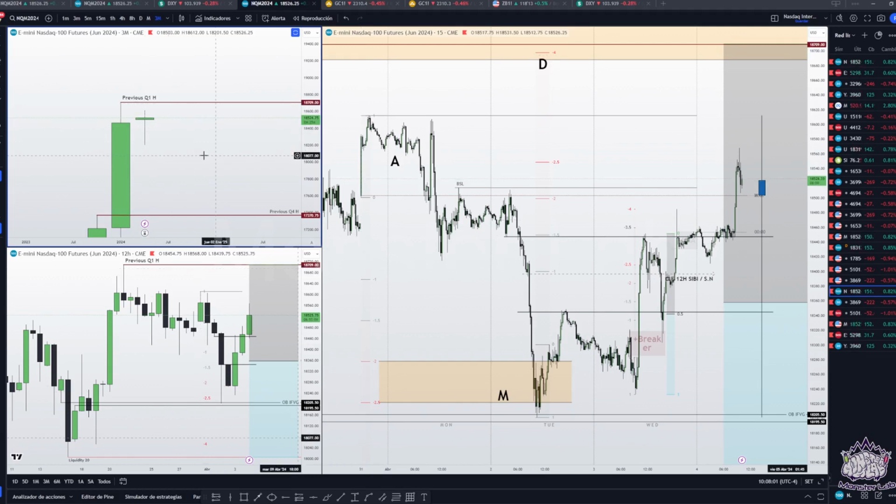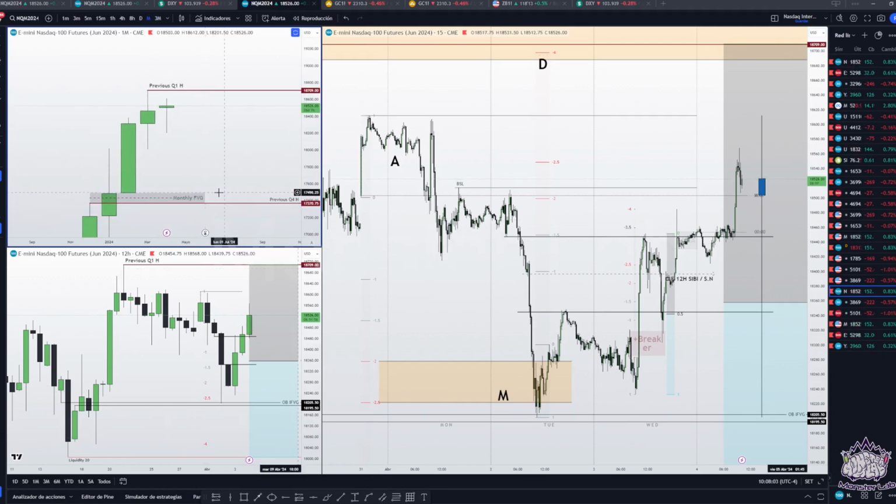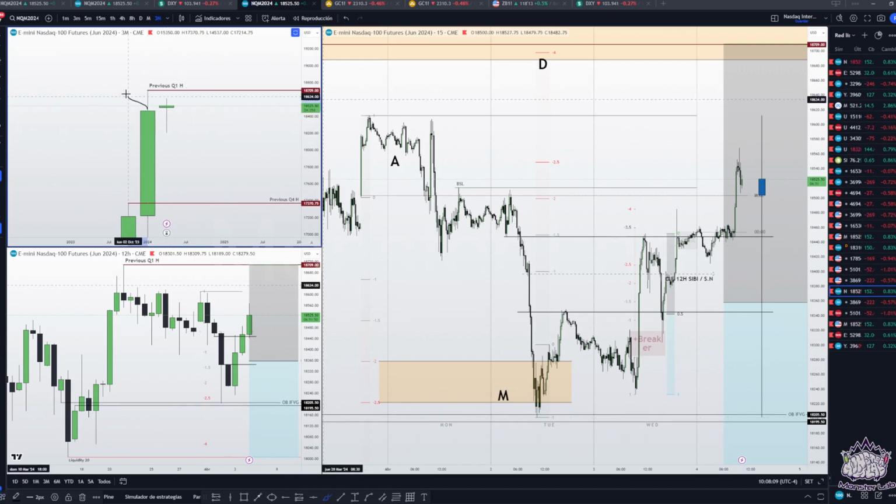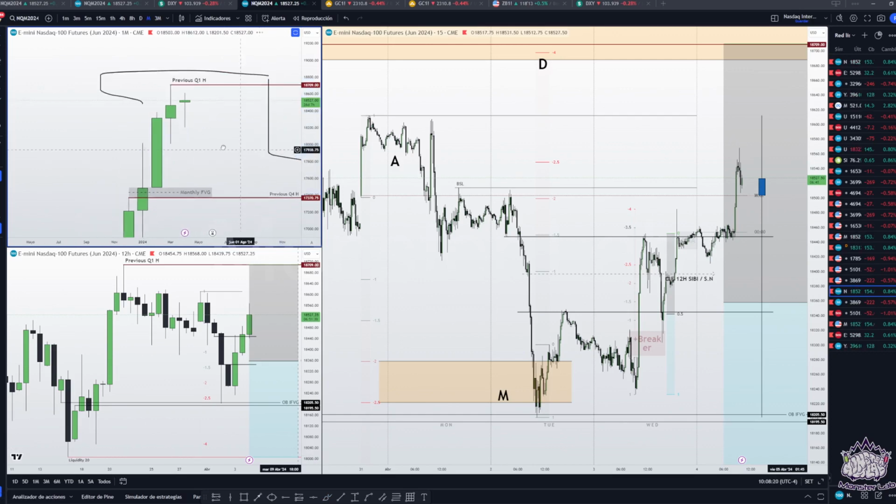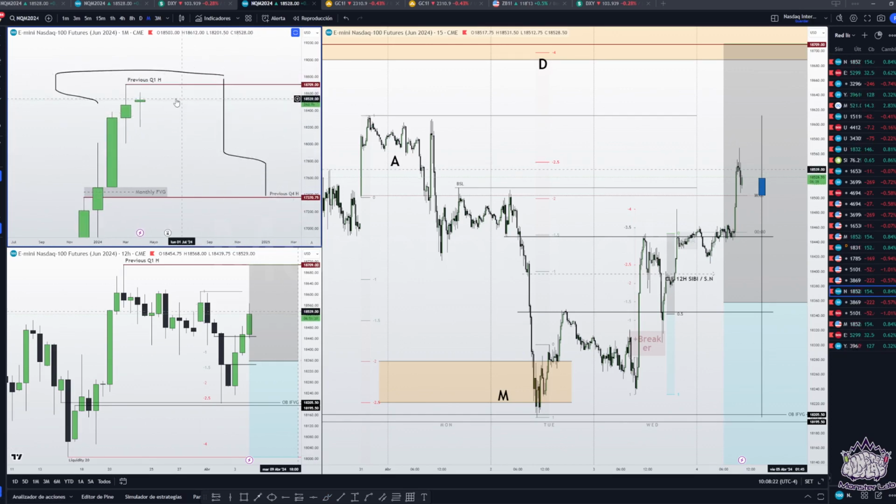So if price is looking for this monthly fair value gap, the first draw is the previous high. So taking external liquidity here, and in this moment it's the time for looking at the monthly fair value gap, but first it's important to take external liquidity, the previous quarter high.